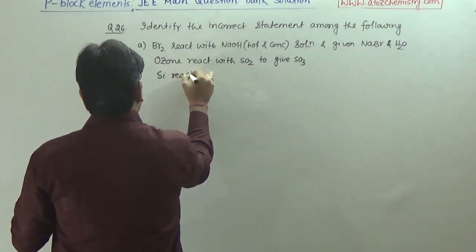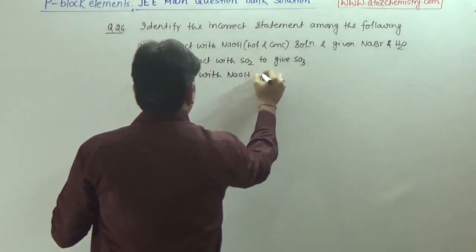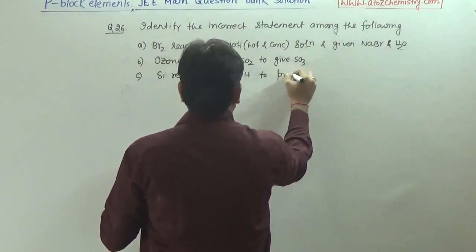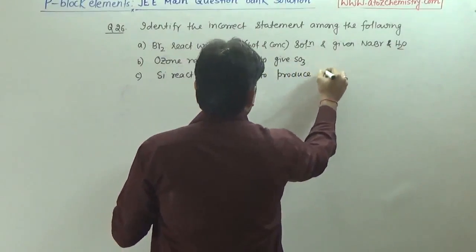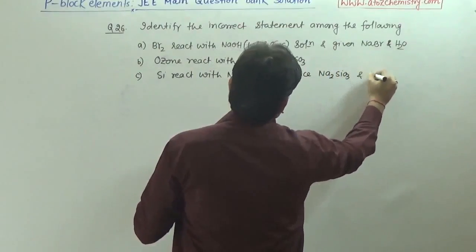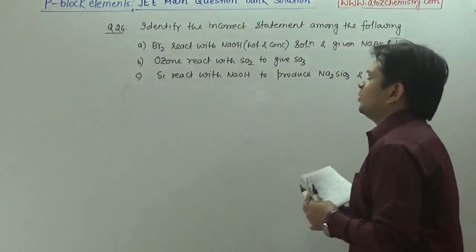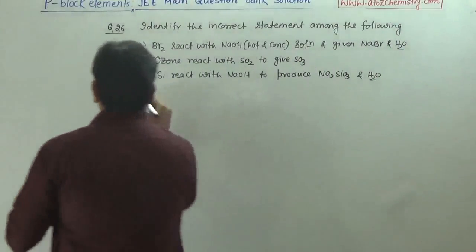C option: silicon reacts with NaOH to produce Na2SiO3 and water. This is correct. Silicon doesn't undergo disproportionation. It simply forms Na2SiO3 plus H2.